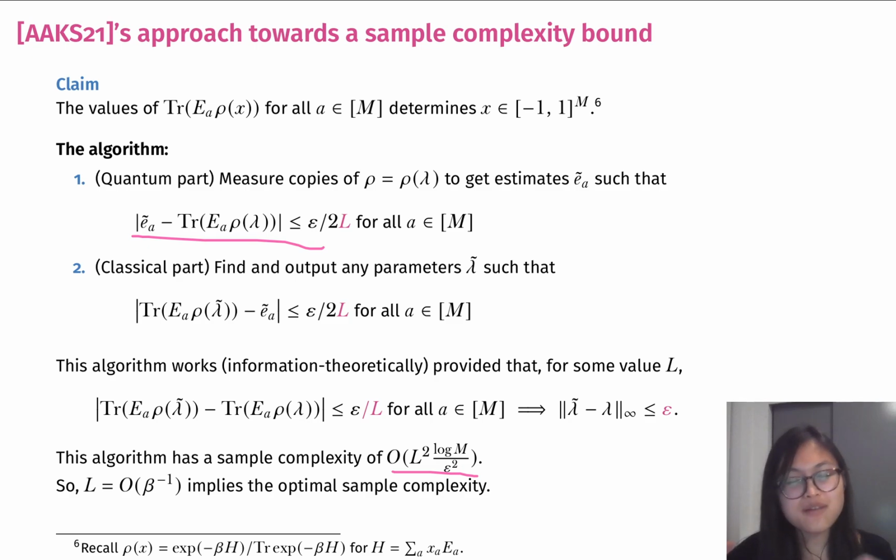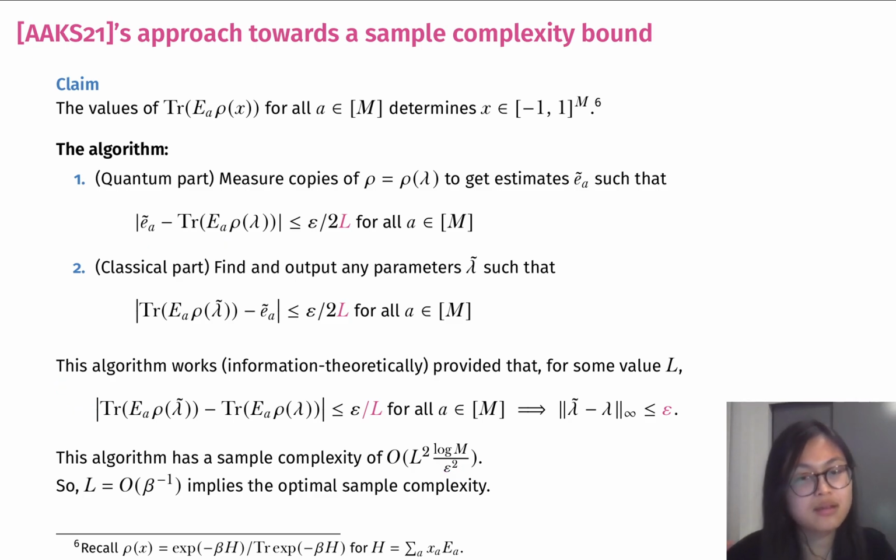Now, the obvious thing you might get would have a factor of m instead of log m, but you can perform many measurements on the same copy of rho, and so that gives you log m. And if you recall from before, the optimal sample complexity can be achieved if we are able to prove this statement for L being beta inverse.